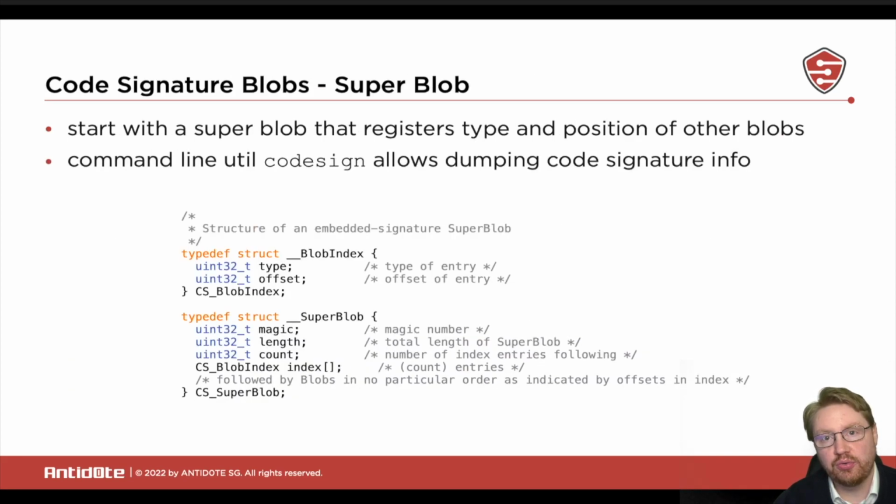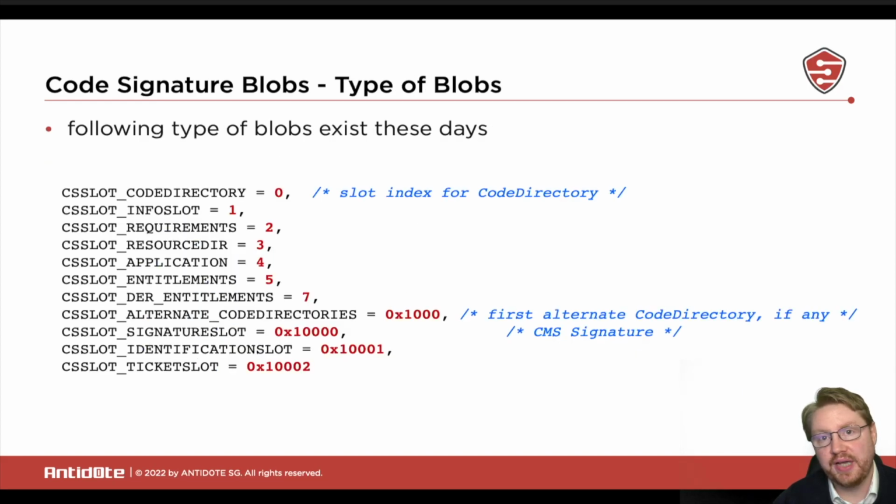So what does this code signing information that we reference here look like? It's basically starting with a so-called super blob, and that registers a table of all the blobs that are inside the code signing information. And of course there's the command line tool codesign that allows you to dump the information stored inside the code signing information. But at a low level, this is how it's stored. When you look at the blobs that exist, you can see that we have stuff like the code directory.